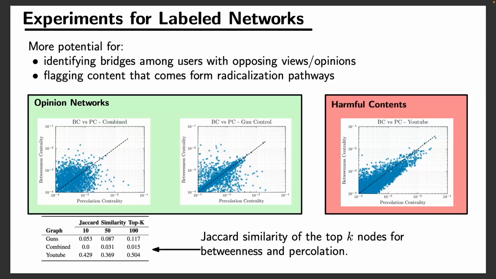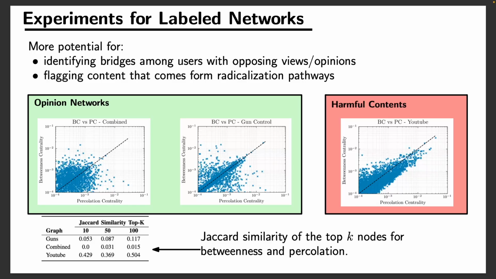As a last experiment, we show that running the betweenness centrality and ignoring the percolation states of real-world networks, for which we have ground truth percolation states, leads to significantly different results compared to using the percolation centrality that takes into account these percolation states.